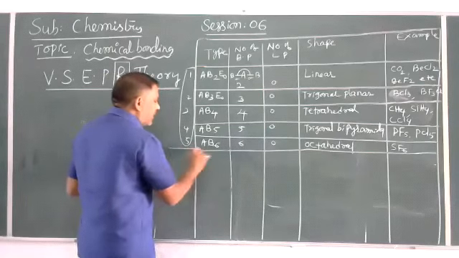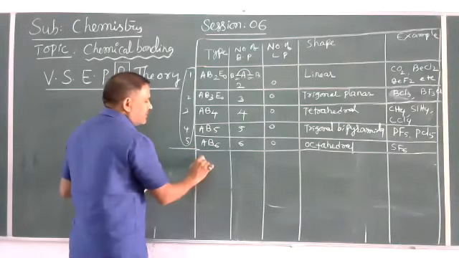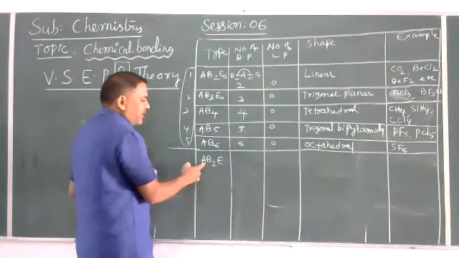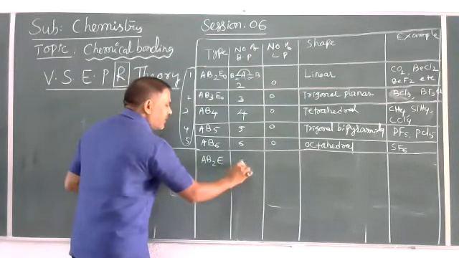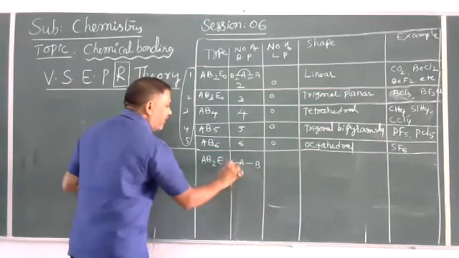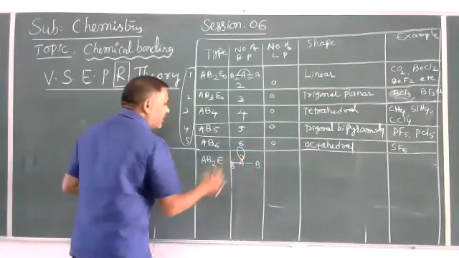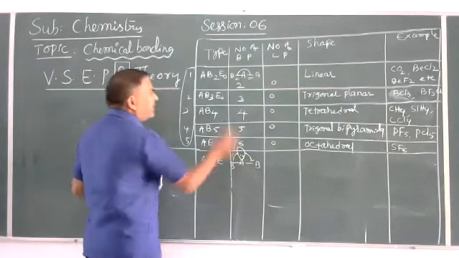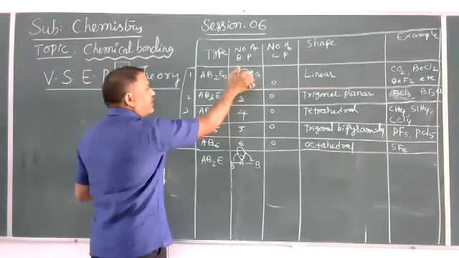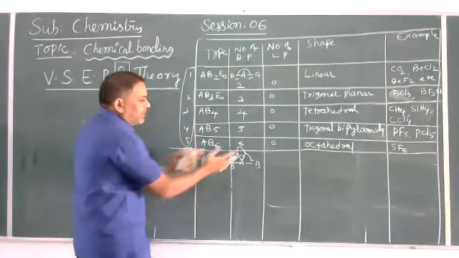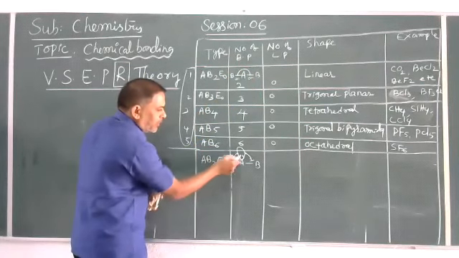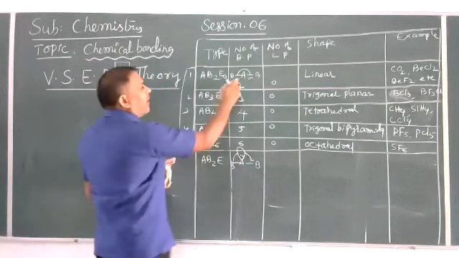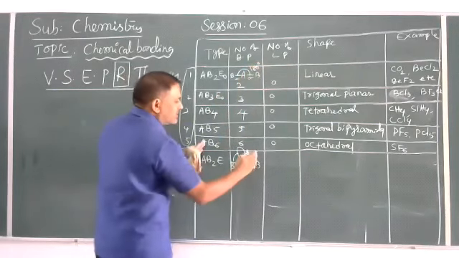Now I'll take examples with lone pairs, like the AB2E model. AB2 means the central atom is A with two B atoms, but it contains one lone pair. Without the lone pair, the bond pairs would be arranged linearly. But due to lone pair and bond pair repulsions, the bond angle reduces from 180 degrees to a certain angle.